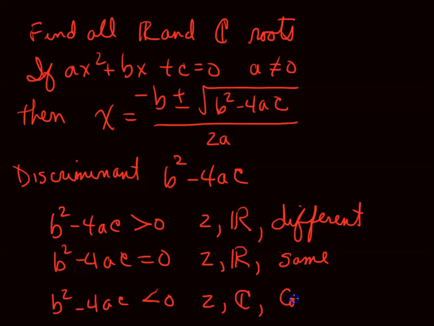These are conjugates. So without even calculating what the values are, we know how many, it's always two, whether they're real numbers or complex numbers, whether they're different or the same, and if they're complex, then they'd be conjugates.